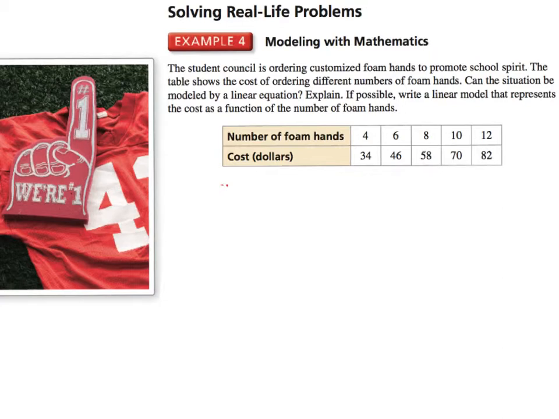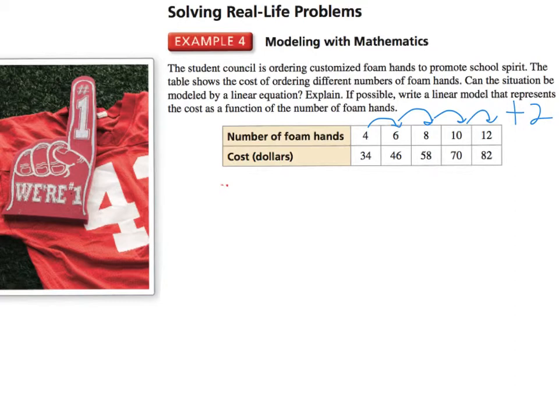So, first off, we have to make sure that the rate of change for all consecutive data pairs in the table is constant. So let's look at my x value. This goes up by 2, goes up by 2, goes up by 2, goes up by 2. So my x value goes up by 2 every time.